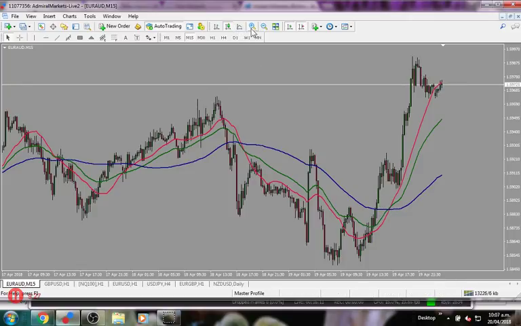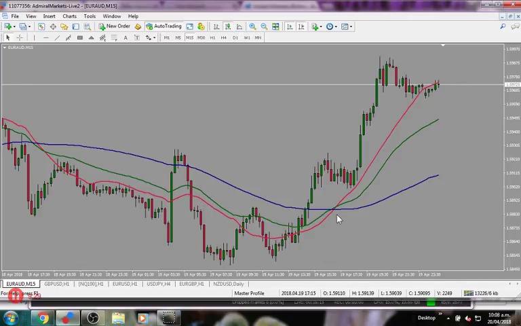it simply means we consider things trending, like here, for example, in an uptrend, once all the moving averages are aligned in the right order and price is above them. So what I mean by moving averages being in the right order is you can see these lines are crossing over each other here.